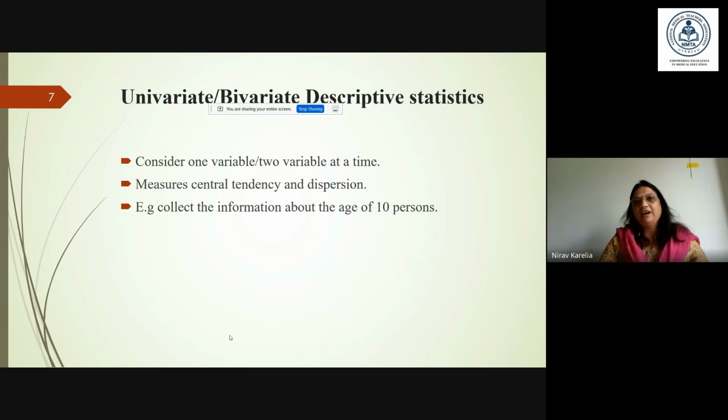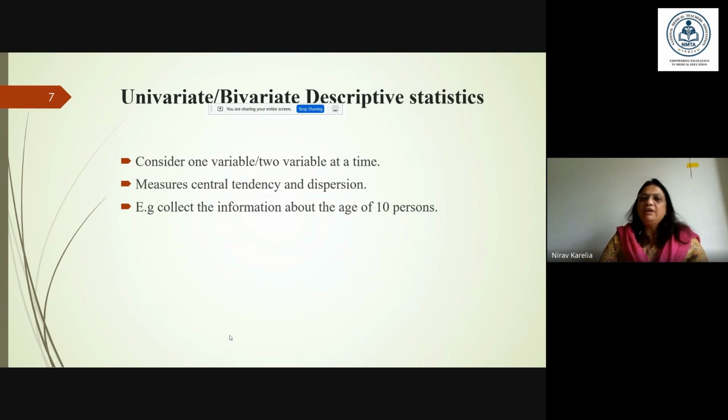In descriptive statistics, we measure the central tendency, so the average, and how my data deviates from this central tendency. Central tendency, as all of you know, is mean, median, mode, and dispersion is in the form of standard deviation, sometimes variance also.